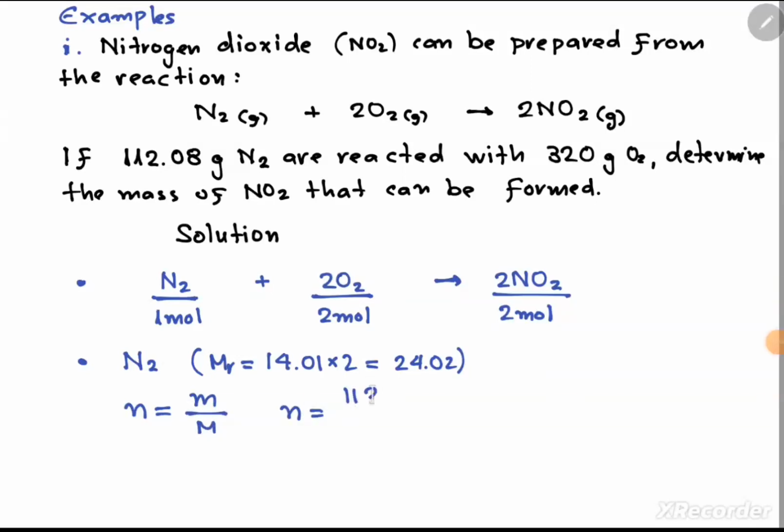We divide the mass of nitrogen by the molar mass of nitrogen, and we have 4 mole nitrogen.